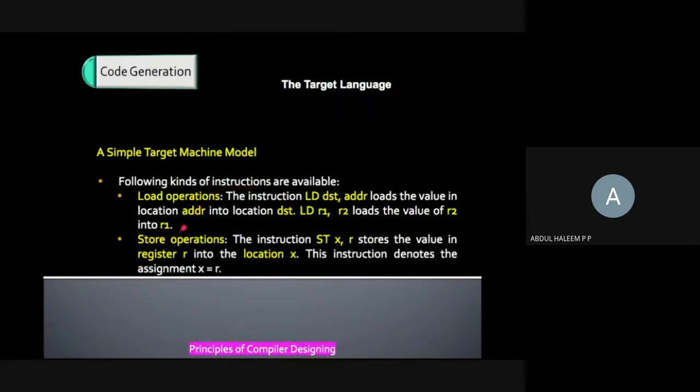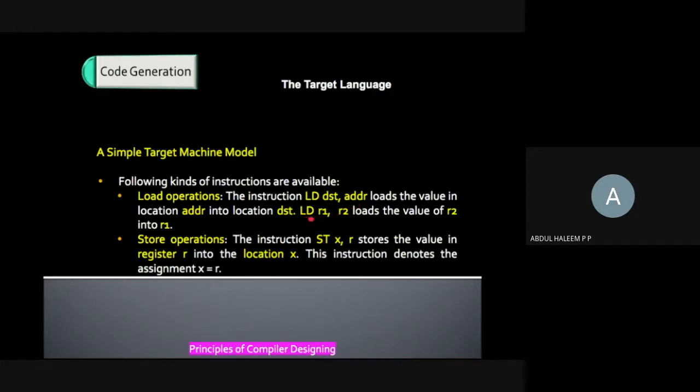Load and store operations. Load operation is indicated by LD. After LD, we have the destination register, and this is the source address. The source address can be a register location. It can be a place in primary memory also. So LD, DST, ADDR.